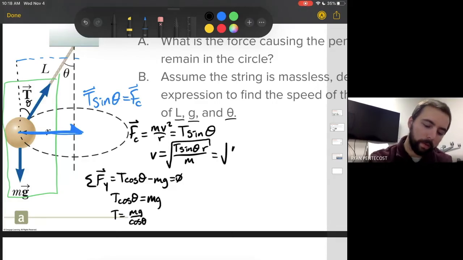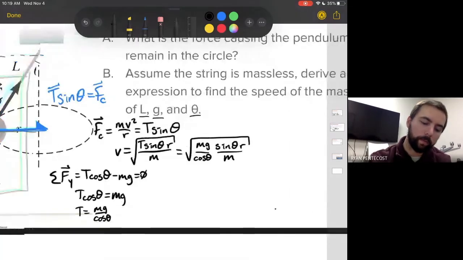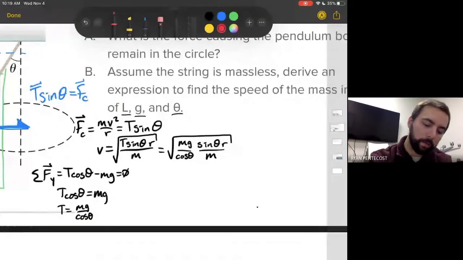We have mg over cosine theta times sine theta r over m, all under a square root. Okay, so the m's will cancel there. Sine and cosine can become tangent.